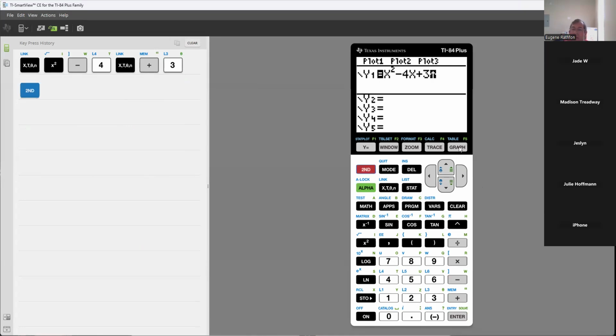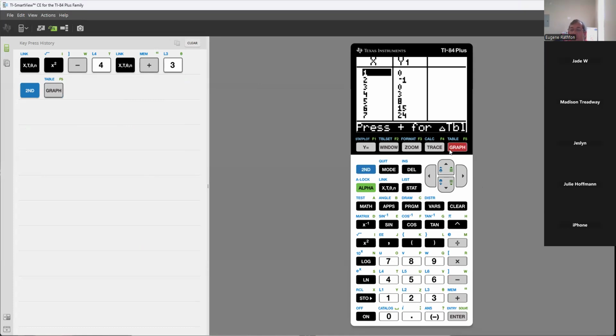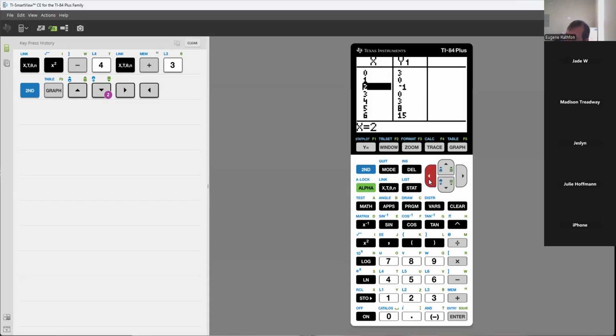So when I go to second graph for my table, here's my 2, -1. That's my vertex. So I'm just going to plot 1, 0 is another point I can use. 1, 0, and then on the other side, I got 3, 0. Those are easy points. Remember, you need 3 altogether, and one of them's your vertex.